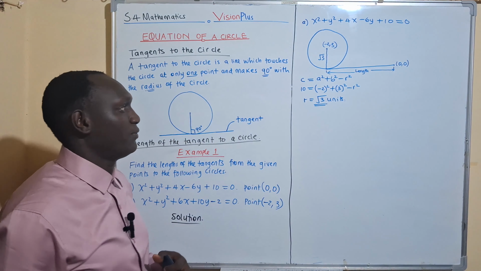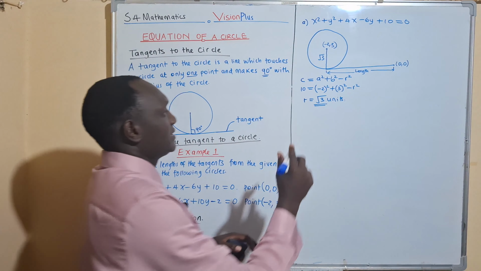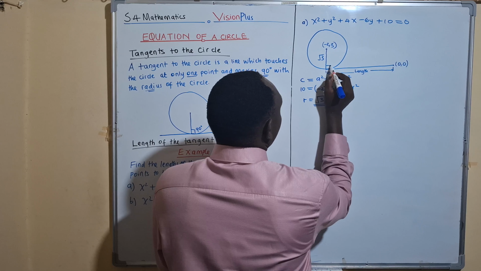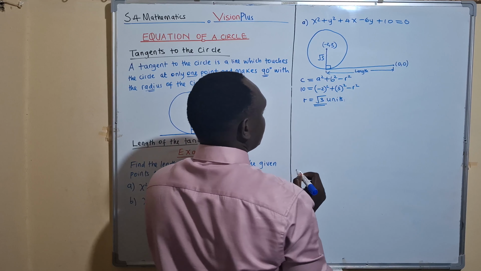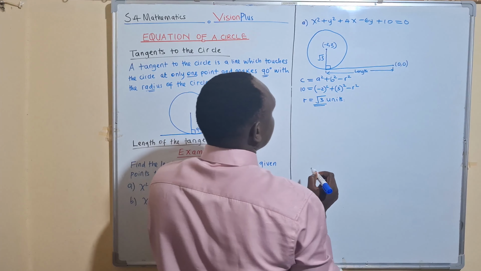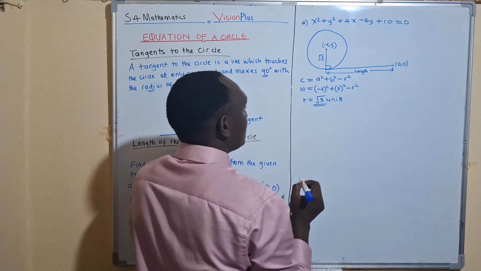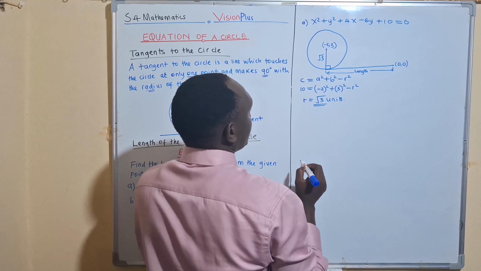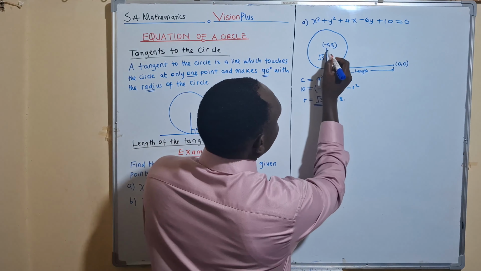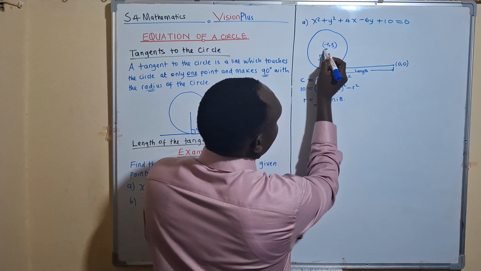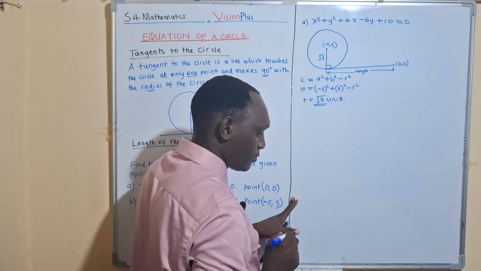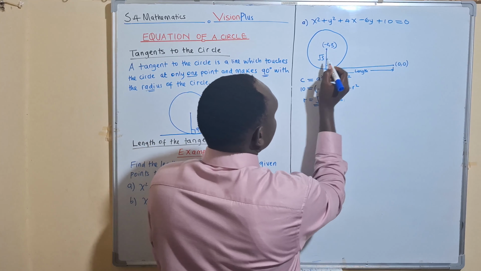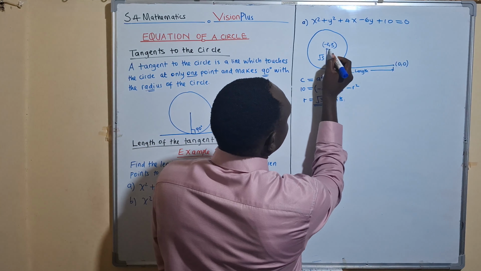What can we do now? We have said that the tangent meets the radius and they make an angle of 90 degrees. That means we can apply Pythagoras theorem. We can form a right angle triangle by joining the center and the point where the tangent comes.